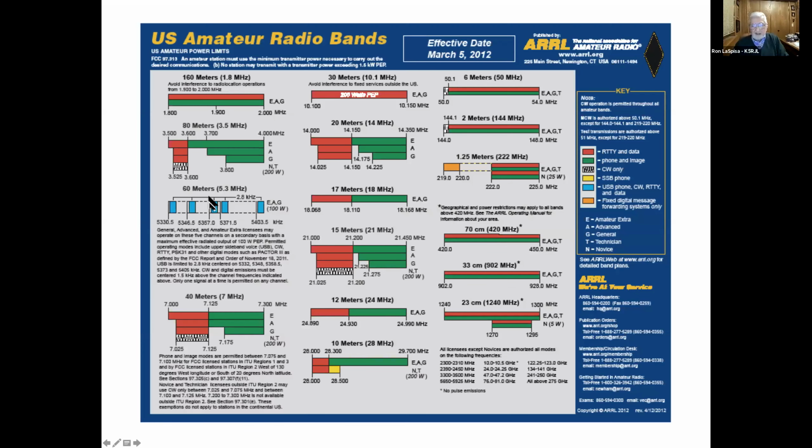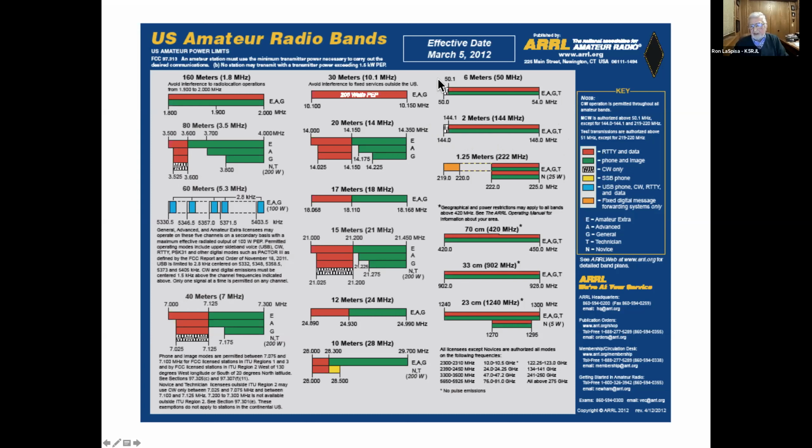Here's that same radio band chart that we talked about before. Typically when you get that handheld radio in your hands for the first time and you're talking on the 2-meter band, you will use the technique called FM, or frequency modulation. That's what we do most of all on the 2-meter band.